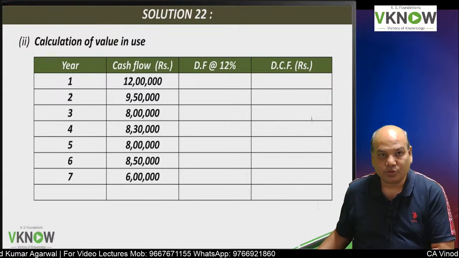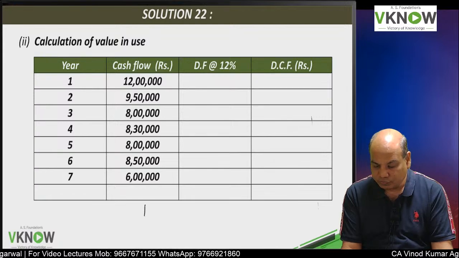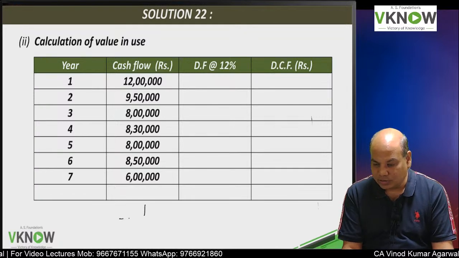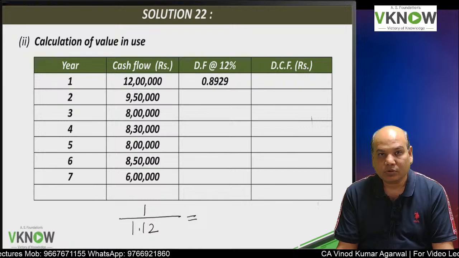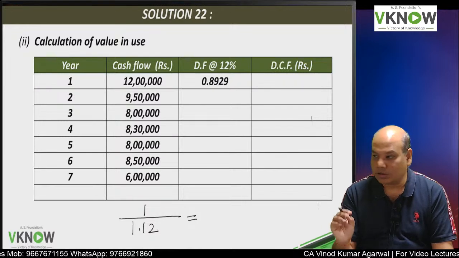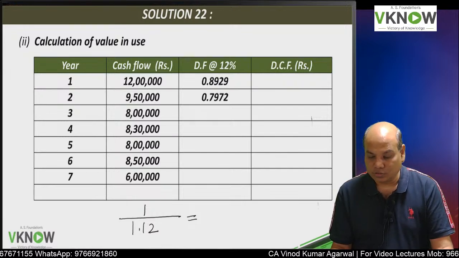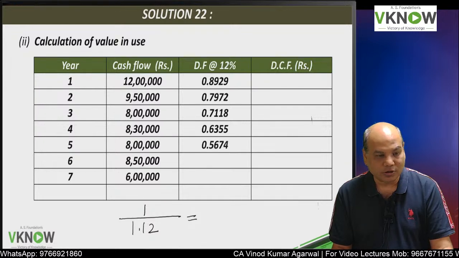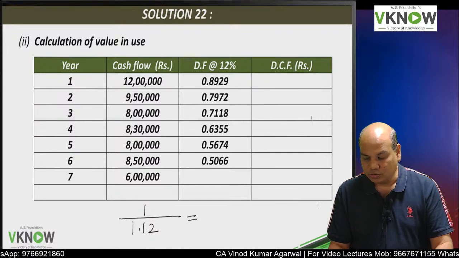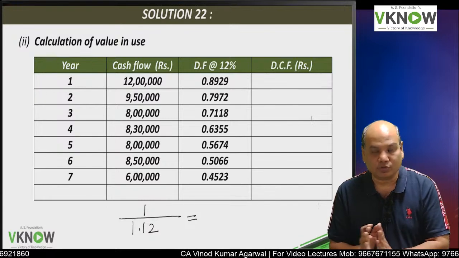First we will compute the discounting factor, the present value factor at 12%. Type on your calculator 1 divide by 1.12. Press equal to, you will get 0.8929. Again press equal to: 0.7972, equal to 0.7118, equal to 0.6355, equal to 0.5674, 0.5066, 0.4523.